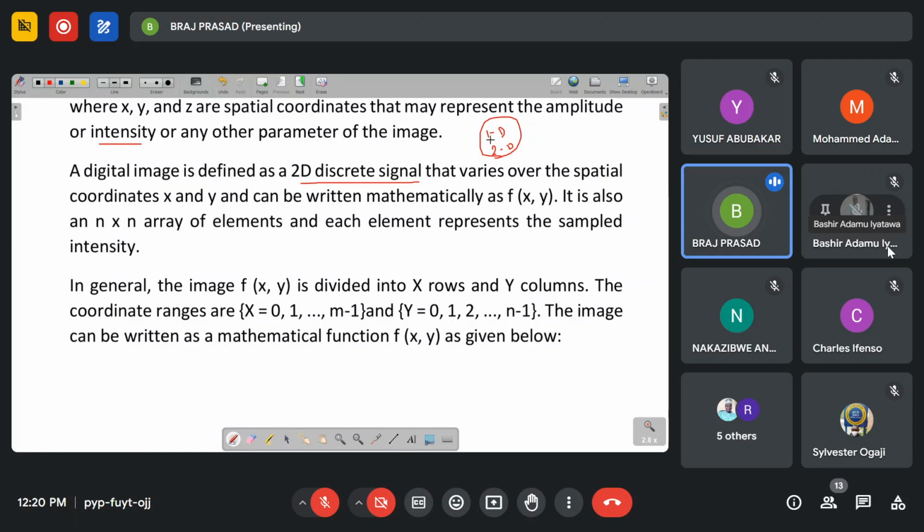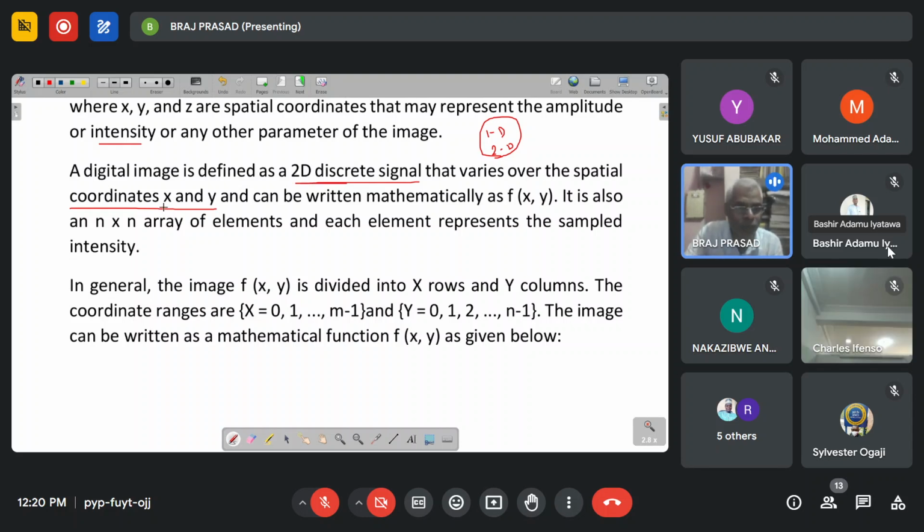What is the shape of a 1D signal or a 2D signal? The digital image is defined as a 2D discrete signal that varies over the spatial coordinates x and y. If we are using a 2D discrete signal, then there will be two coordinates x and y. If there is a 3D discrete signal, then we will use x, y, and z coordinates, etc.